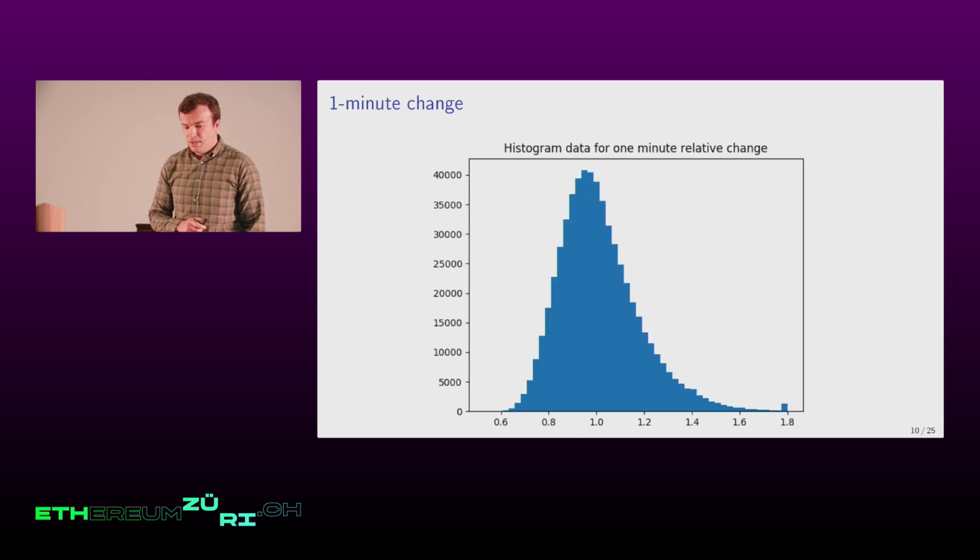But if you look at the 1 minute relative change, now it looks kind of normal. There is a small spike at 1.8, which means that 5 times in a row there was a full block, but otherwise it looks quite normal with some bias on the left, but that is also explainable.